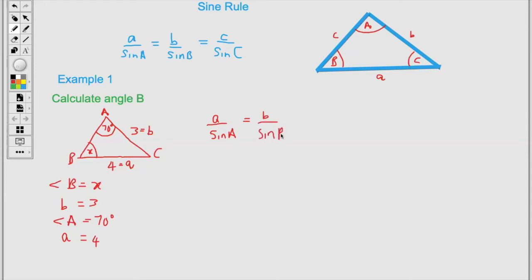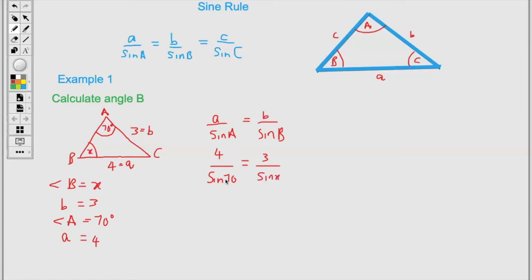So having this, we're going to fill in the information that we have present before us. We know that side a is 4. We know that the angle A is 70, so I'll have sine 70 equal to side b, that's 3, and angle B is the unknown that we're finding here.